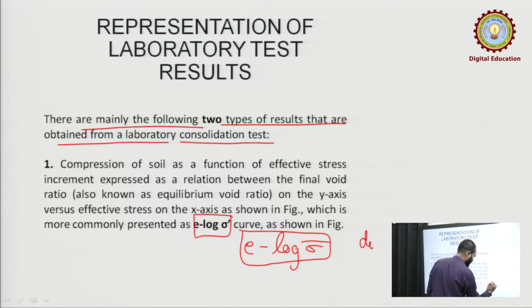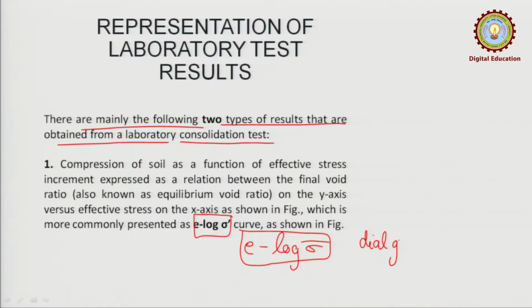That is the dial gauge reading, or we can say the settlement and time graph, okay. This is in mm, and this can also be told as settlement and time graph, okay.